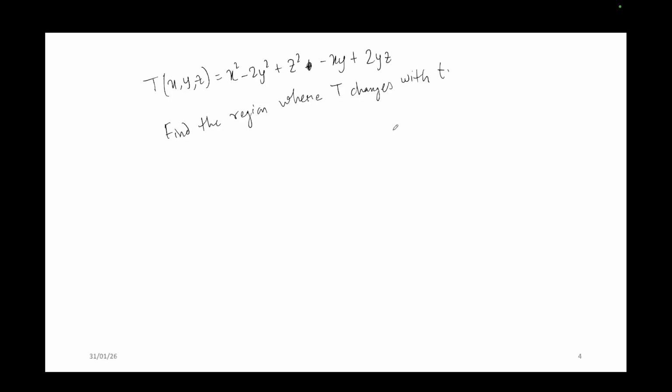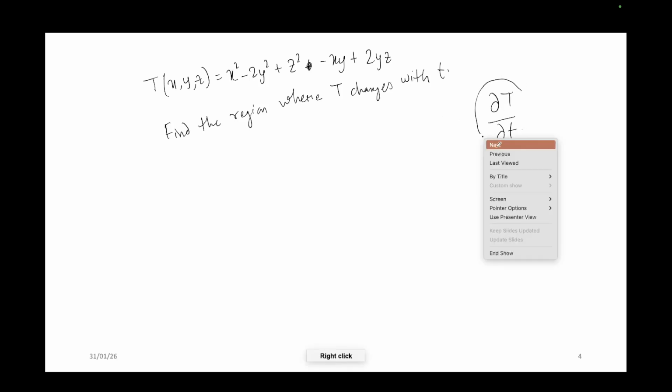So in this question, basically you have to find del T by del t. This one you need to find. Okay. You got the question? So can you solve? You just solve and tell, because I have to show it.